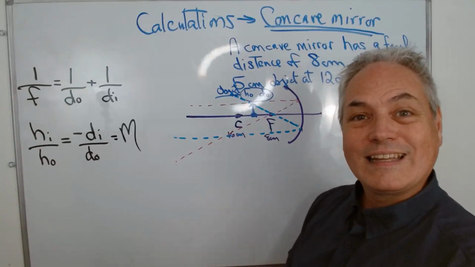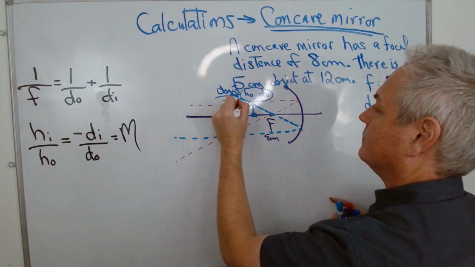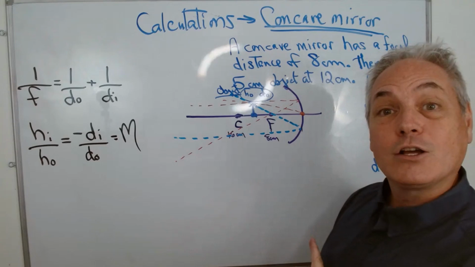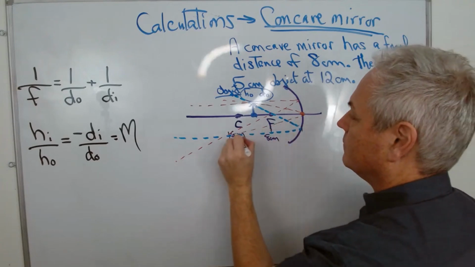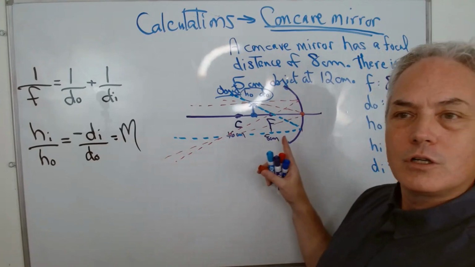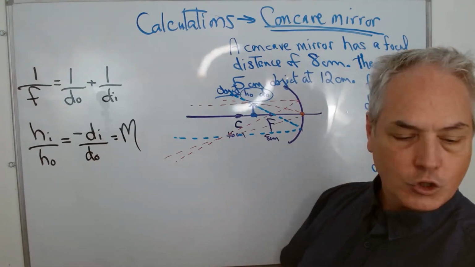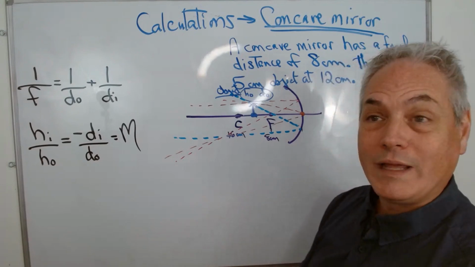Another one we can say is that if we have a light ray that goes to the vertex, right there, the angle of incidence equals the angle of reflection. And therefore, we have the third ray. Now, what are we going to do from there? Let's look at the information we have.